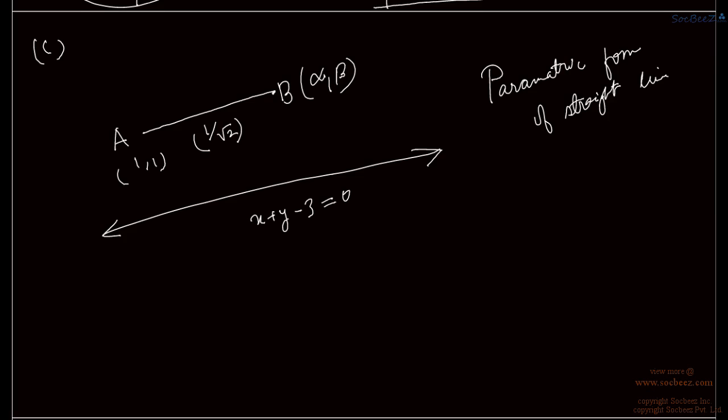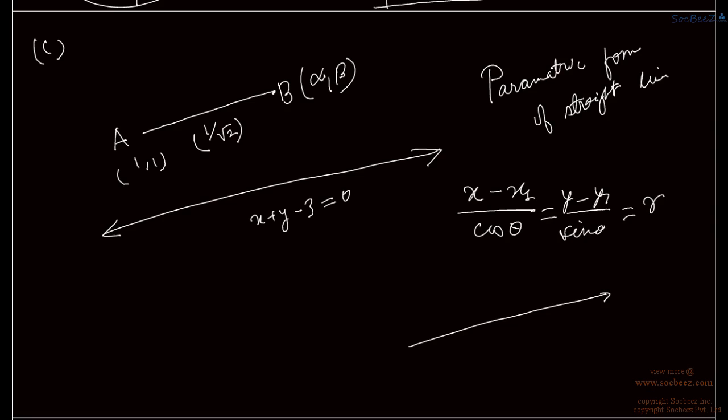In parametric form we have the equation of a straight line in terms of a point on the straight line. The parametric form of the equation is (x minus x1) by cos theta is equal to (y minus y1) upon sin theta is equal to r.